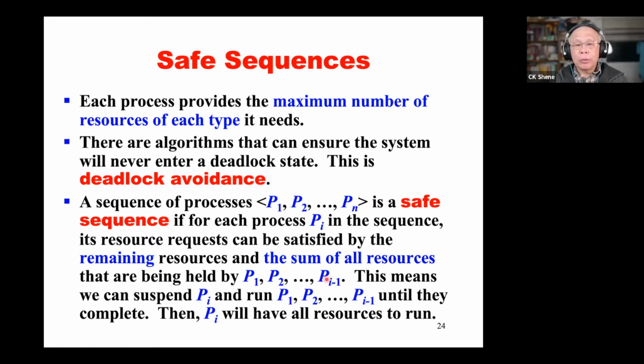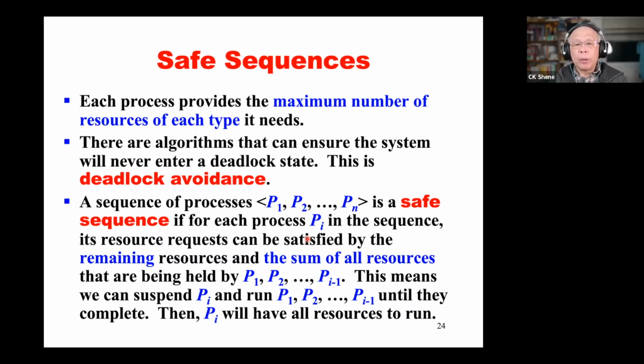In other words, for every process in the sequence, let's say Pi, the system will still have some resource in hand. So Pi is there if and only if all of the processes before it have already owned something. If all of the resources being held by processes prior to Pi plus the remaining available resource in the system is good enough for Pi.